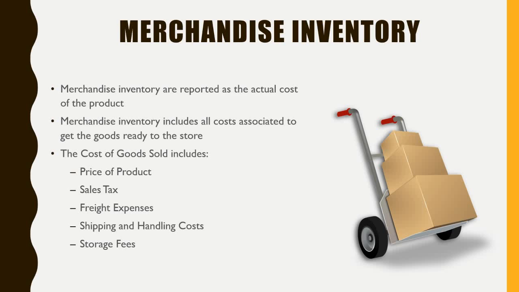If you have a glass item, you may have to pay a little additional to protect your items. Other things could be storage fees, expedited fees, and foreign fees. But for the sake of this class, all that you're really going to see is your purchase price and freight expense. That doesn't mean that those other things do not exist.